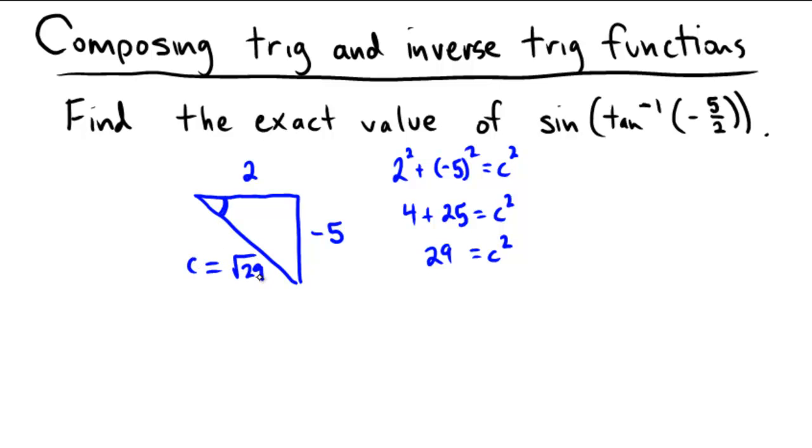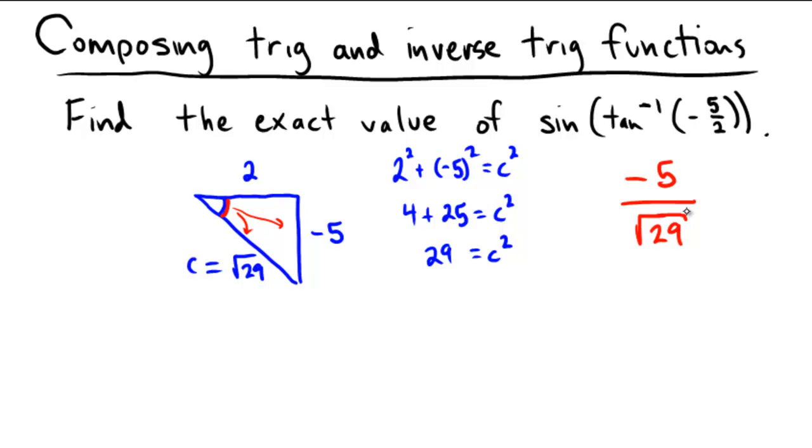So we're finally ready to answer the final part of the question here. It's asking for the sine of that particular angle. So now, looking at our reference angle, we can take the sine of it, recalling that the sine is the ratio of opposite to hypotenuse. So we can see that the opposite side is negative 5, and the hypotenuse would be radical 29.